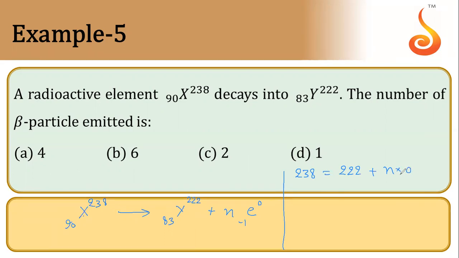So our reaction is not being balanced, meaning if the reaction is not balanced, some other particle is also being released. So let's say some alpha particle is being produced. Let's say n1 beta minus particles are being radiated and n2 alpha particles are being radiated.